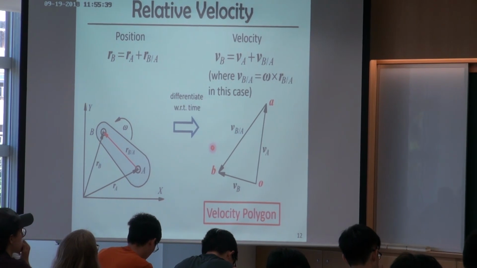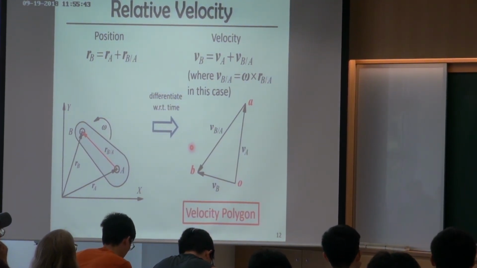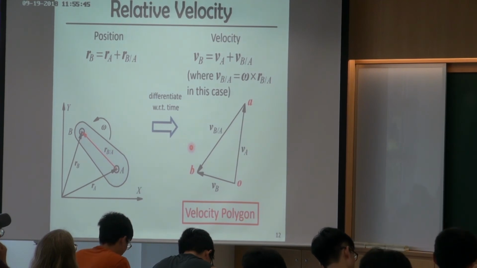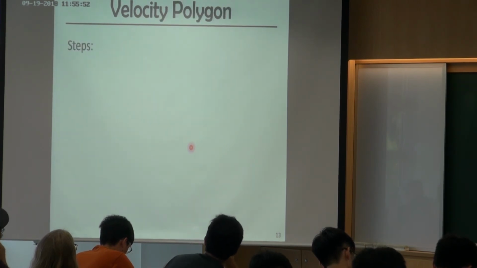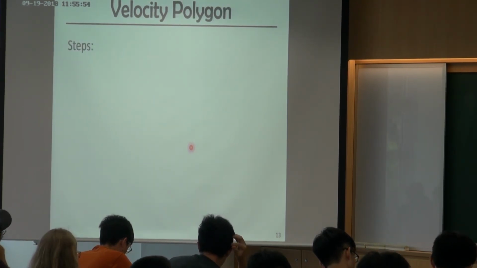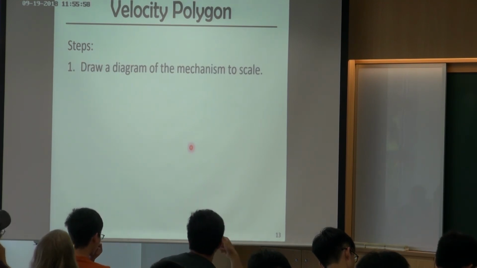So we are going to use a velocity polygon to perform velocity analysis of our desired mechanism. Here are some instructions, so I'll just read them.